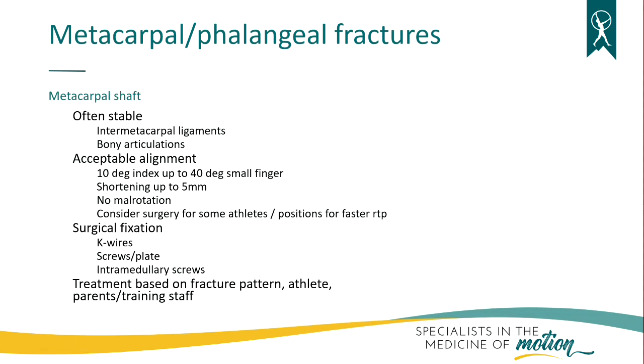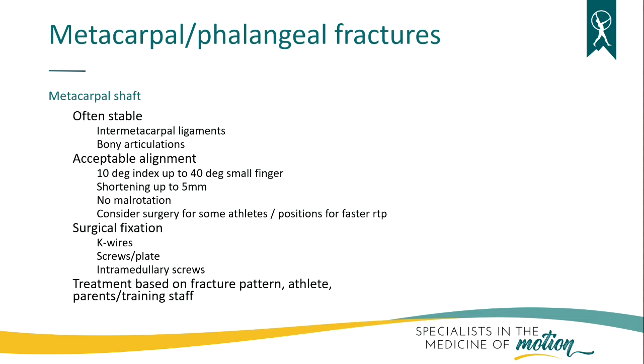Metacarpal shaft fractures are very often stable and don't need to be fixed. There's various degrees of acceptable alignments, but again, the key is, can they make a fist, or can they suggest a fist, because many times they're stiff. Can they suggest a fist with appropriate cascade and without rotation?